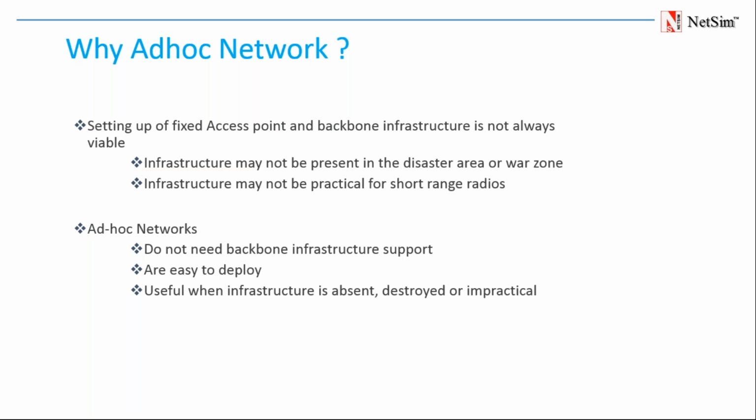In an ad hoc network, we do not require backbone infrastructure support, and these are very easy to deploy, and they are useful when infrastructure is absent, destroyed, or impractical. So for these requirements, we use an ad hoc network.